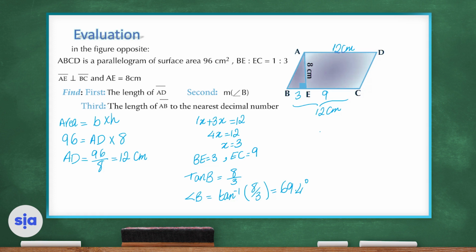If we move on to the third part of the question wants us to find the length of AB to the nearest decimal number. Then, from triangle ABE, you can easily find AB using the Pythagorean theorem. So, AB is square root of 8 squared plus 3 squared. Then the length of AB is 8.5 centimeters long.